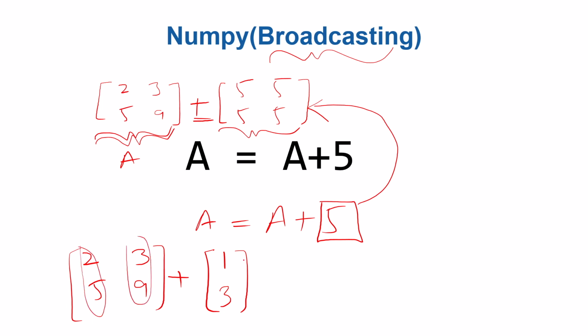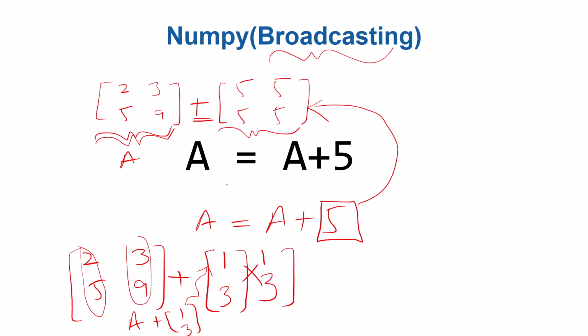Then you would need this 1, 3 to be copied again to make a bigger array, and then you do that. Well, broadcasting allows you to just write A plus 1, 3, and it will be automatically broadcasted to match the size of the other operand.